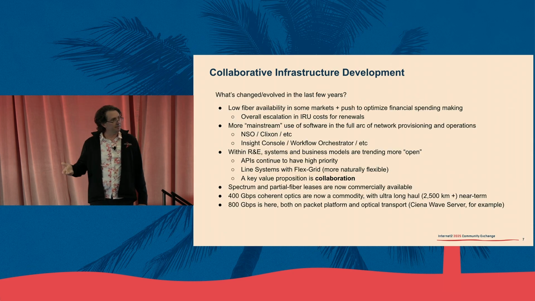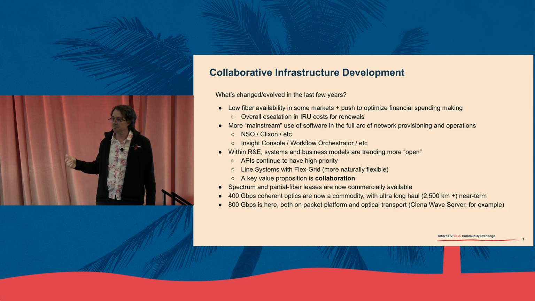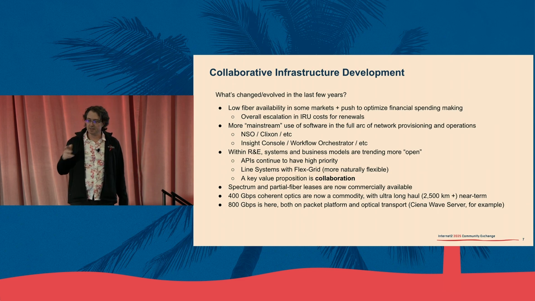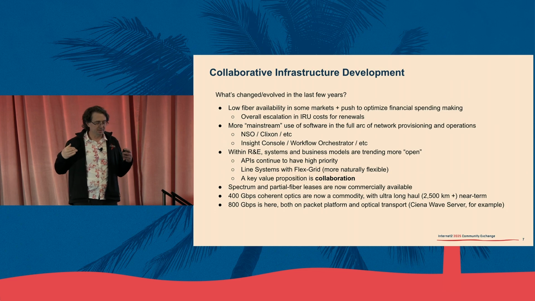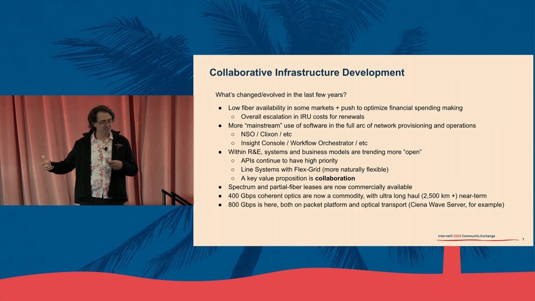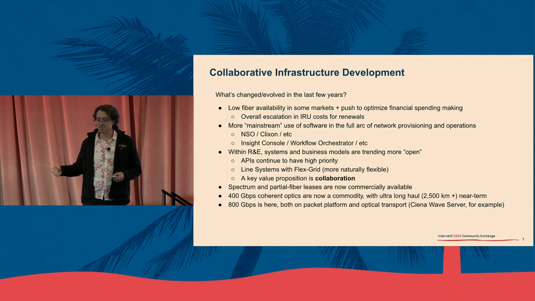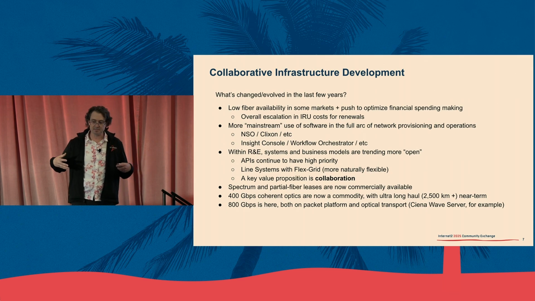There's also been a lot of change over the last decade. So I came to Internet2 in 2015. We had a relatively, to use the term, closed system, and we had a relatively small number of services that were being delivered. Over the last 10 years, our systems have become more and more flexible in how they can be implemented.